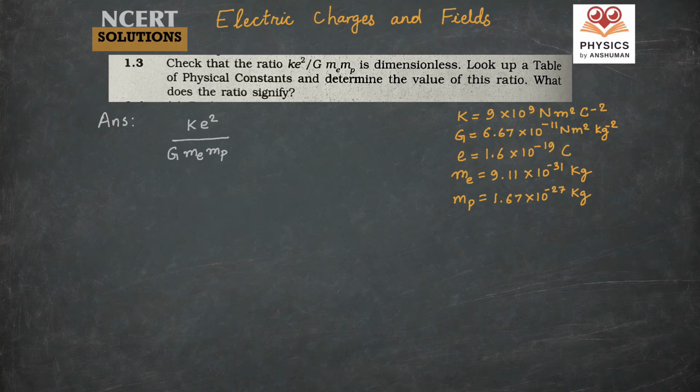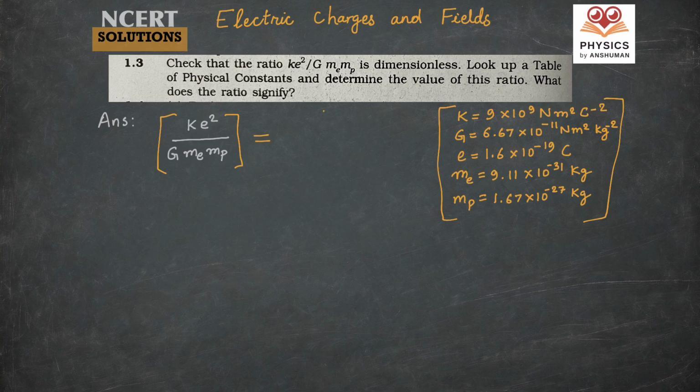Now students, even without using all these values, I can say that this ratio k e² divided by G m_e m_p is dimensionless. How? Let us see this ratio in a different way.